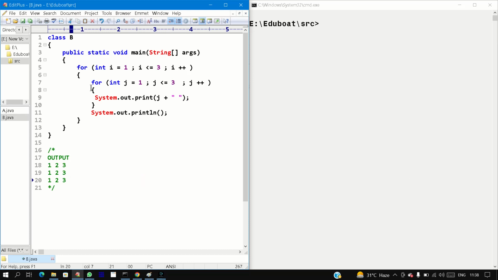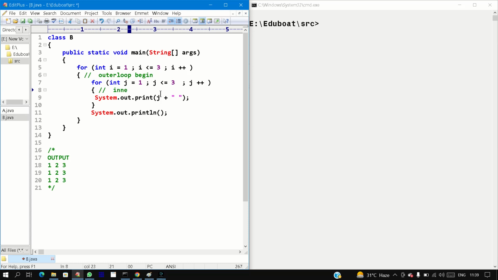So for printing this I am taking for int i is equal to this much. So this is the outer loop begin. Fine.